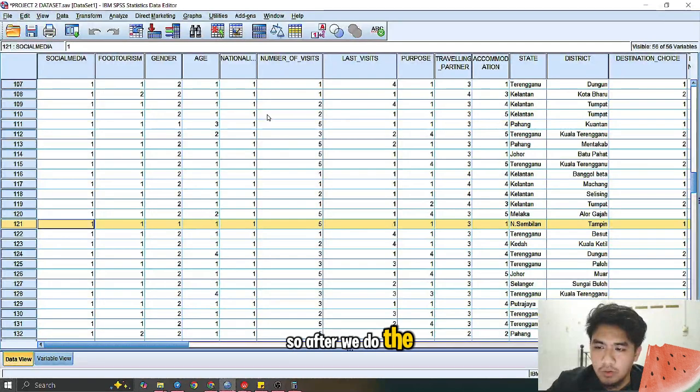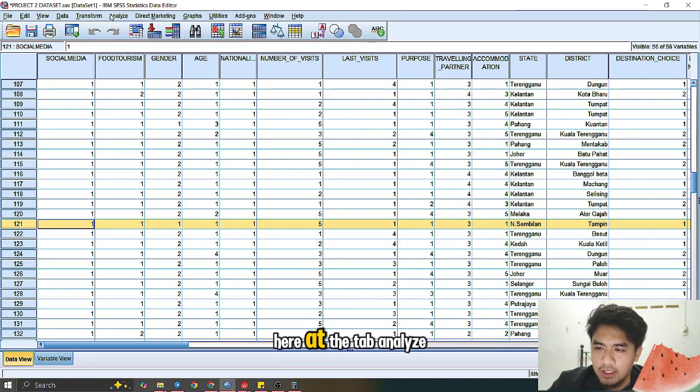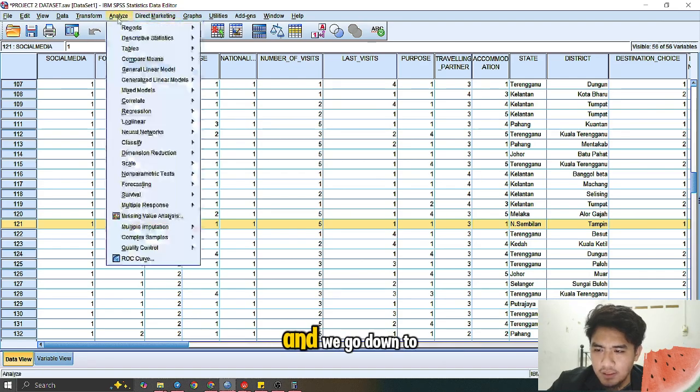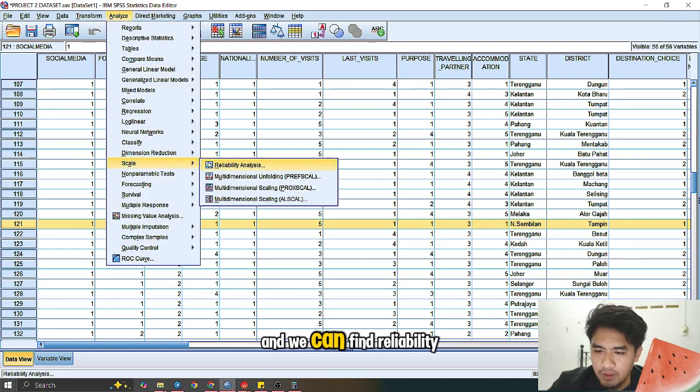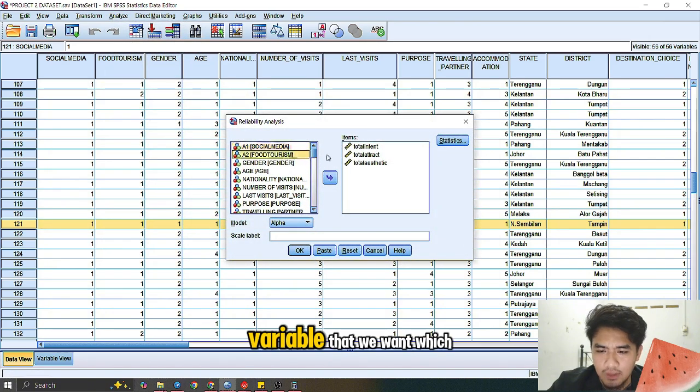After we do the frequency analysis, now we want to do a reliability test. We can go here to the Analyze tab, go down to Scale, and we can find Reliability Analysis. We click and pick the variables that we want.